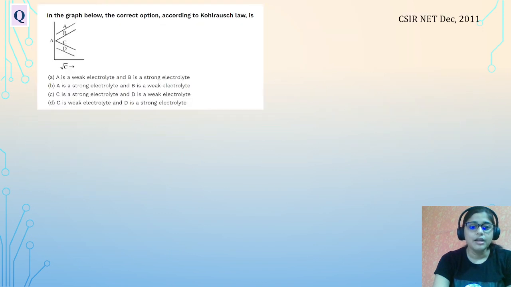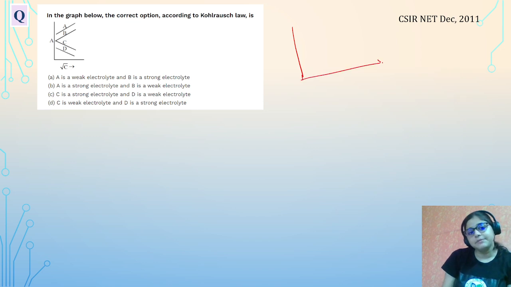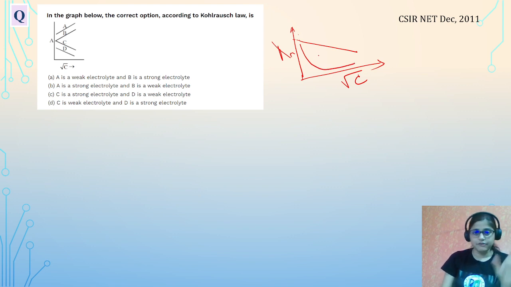Okay. Now the second question is, in the graph below, the correct option according to Kohlrausch's law. Okay, in Kohlrausch's law, what we have seen is that lambda m, or molar conductance, versus root C is plotted, and for the strong electrolyte we get this kind of graph, and for the weak electrolyte we get this kind of graph, right?